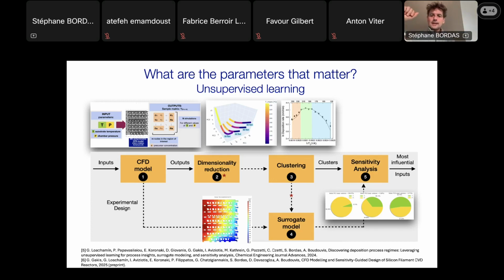So if you want to know the importance of a parameter, and you need to know the average, let's say, thickness of the coating in that case, you will need to run, let's say, 1,000 times the simulation for each parameter change.